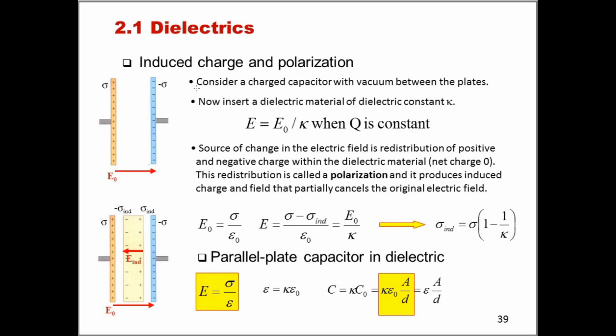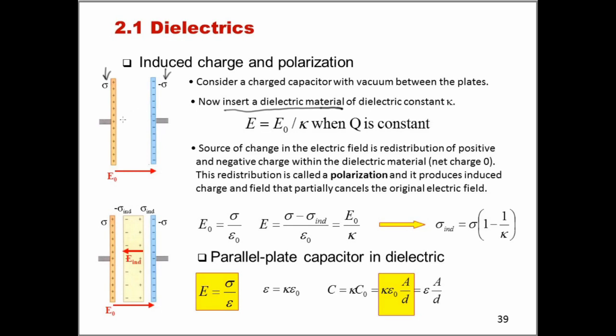So let us start this hypothetical experiment by considering a parallel plate capacitor that is in vacuum and is being charged with a certain charge, and the surface charge is sigma on this plate, which is positive, and minus sigma on this plate, which is negatively charged. So let us now imagine that we insert a dielectric material into these two plates.